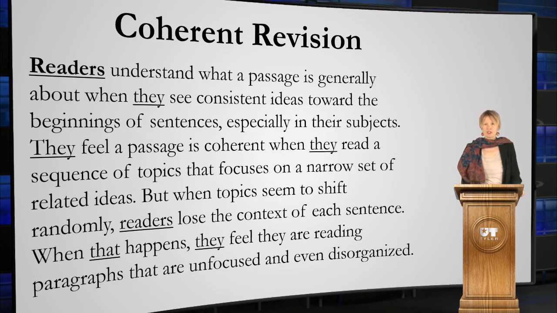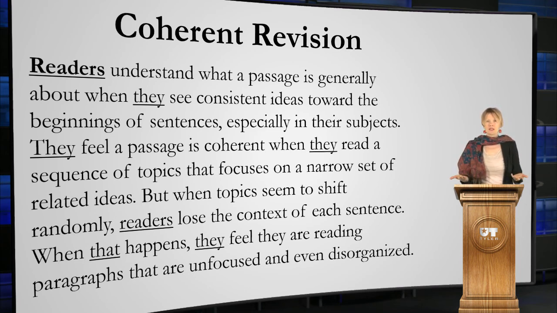In a coherent revision, you can see the underlined subjects. And it's made even better because these subjects are usually flesh and blood people. In this case, they are readers. So Williams has revised this passage so that readers are often in the subject position in the beginning of those sentences, and readers are people that we can imagine doing things rather than abstract concepts.